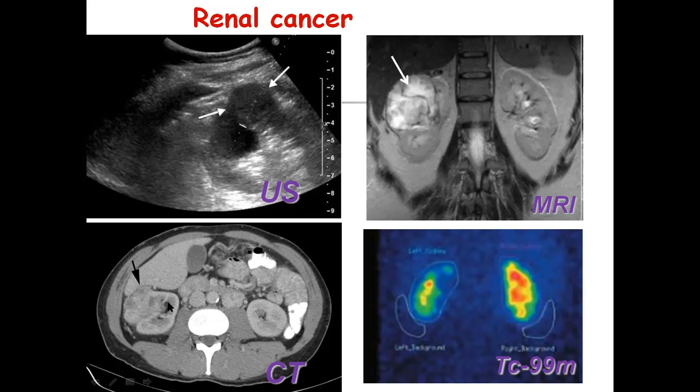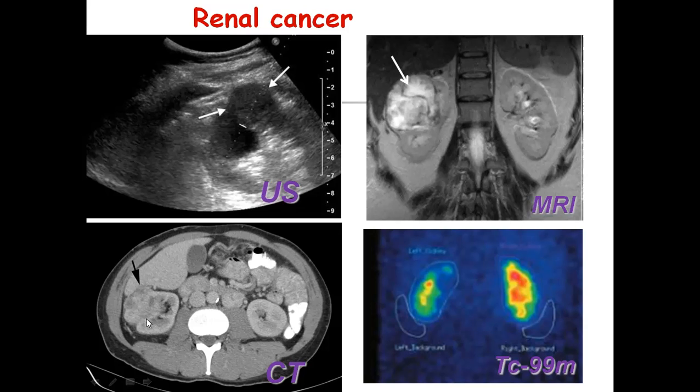Great lesion of the right kidney on CT, a multinodal tumor with irregular contours of different density, with signs of necrosis somewhere.